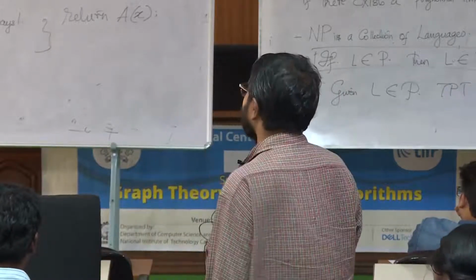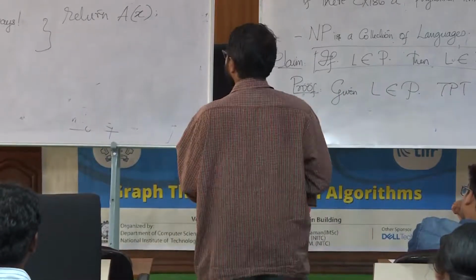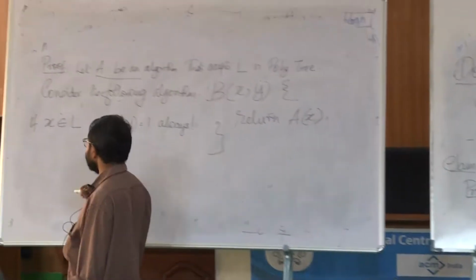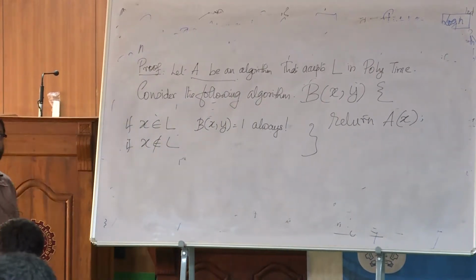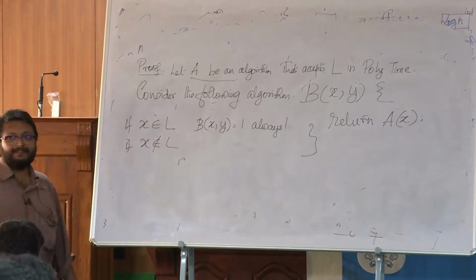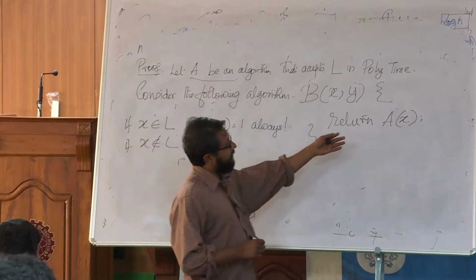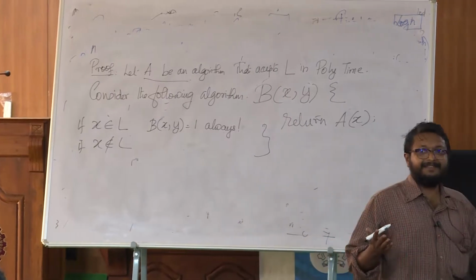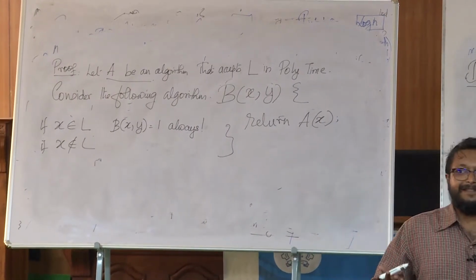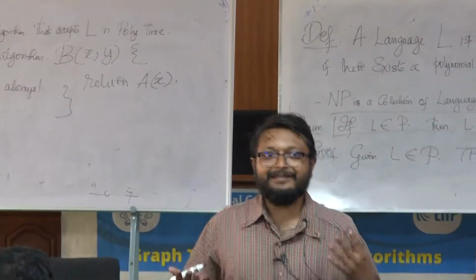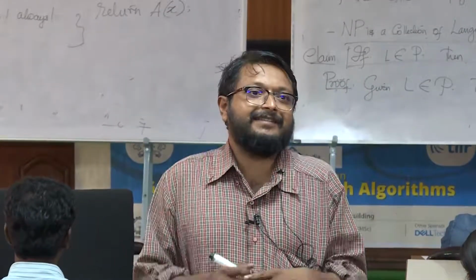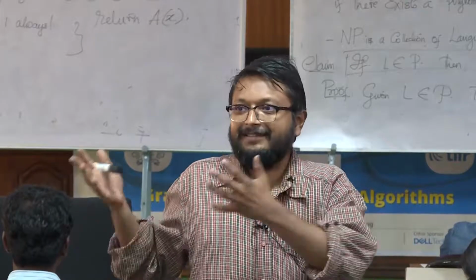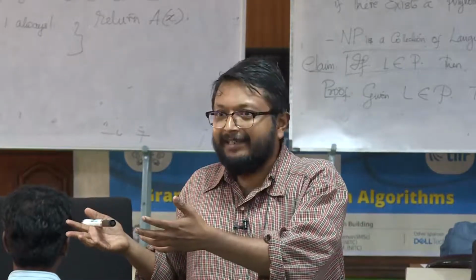And now if x doesn't belong to L, see, because this guy is already robust, I have a person verifier. My verifier is just, there is somebody who can identify people correctly.